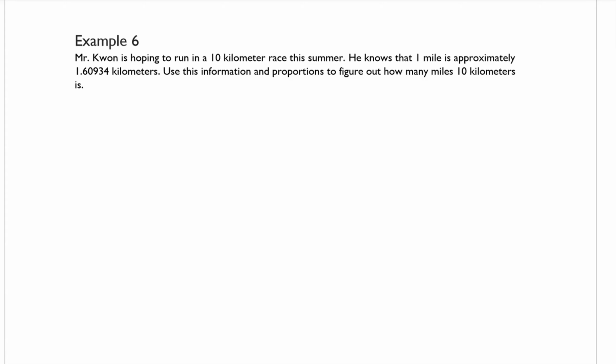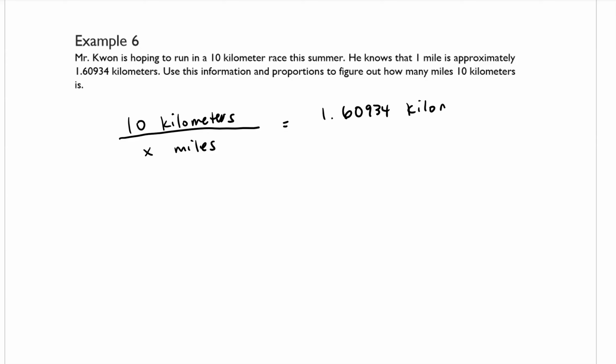So I am running 10 kilometers, and I want to figure out how many miles that is. And we know that 1.60934 kilometers is equivalent to 1 mile.